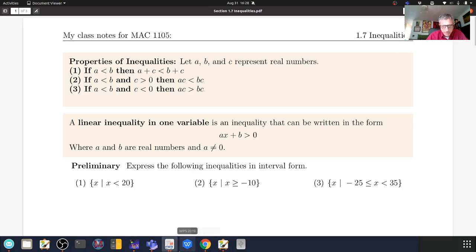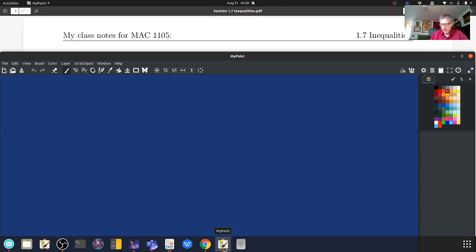Just so you remember, we have three symbols. A is less than B. A is less than or equal to B. A is greater than B. A is greater than or equal to B. So just like we have an equation where P is some algebraic expression and Q is another algebraic expression, an equation states that they're equal.